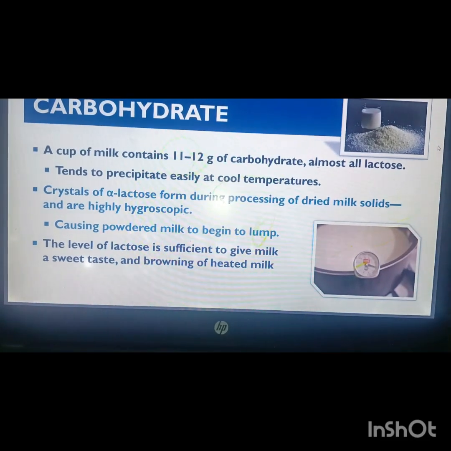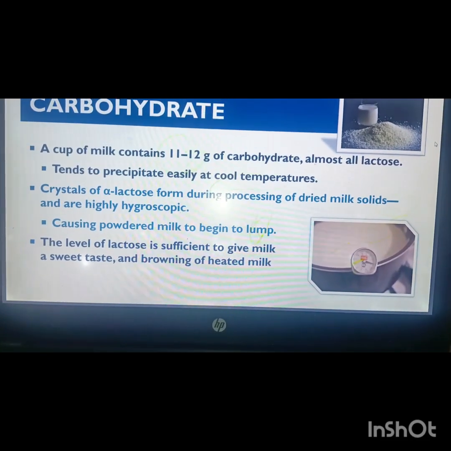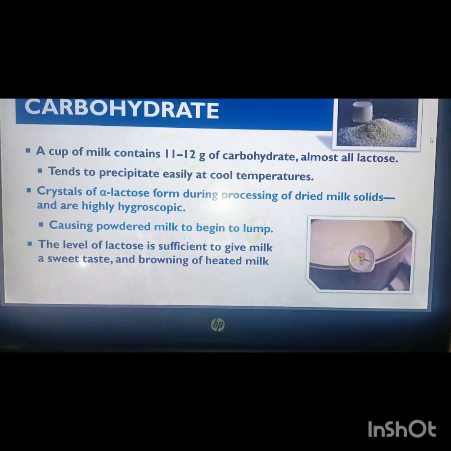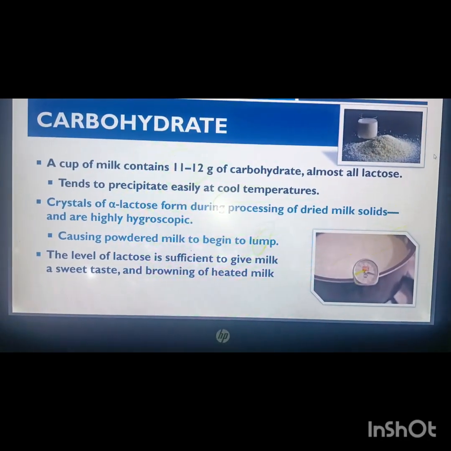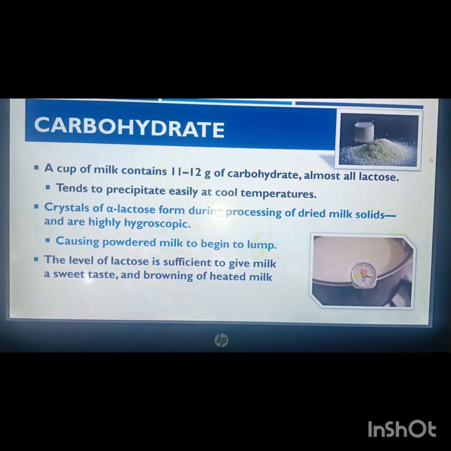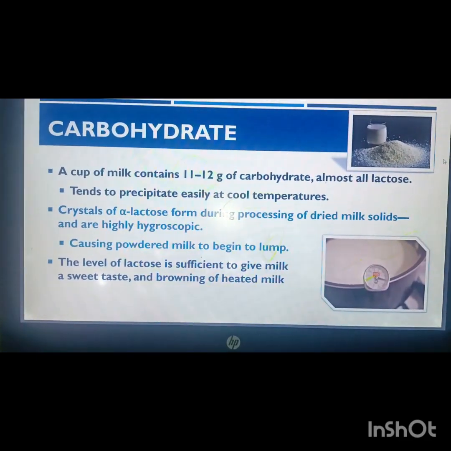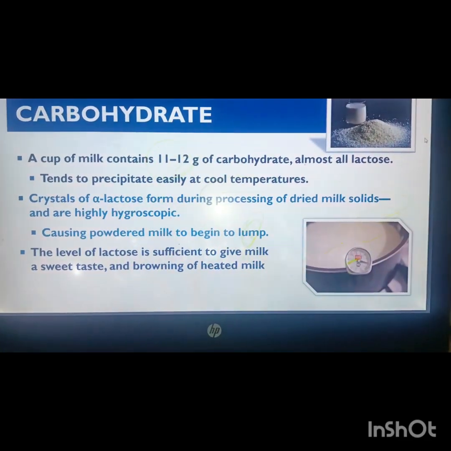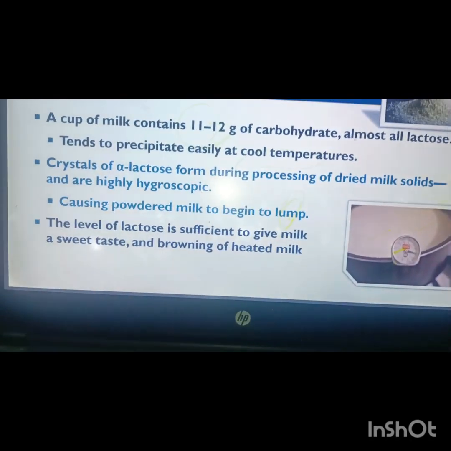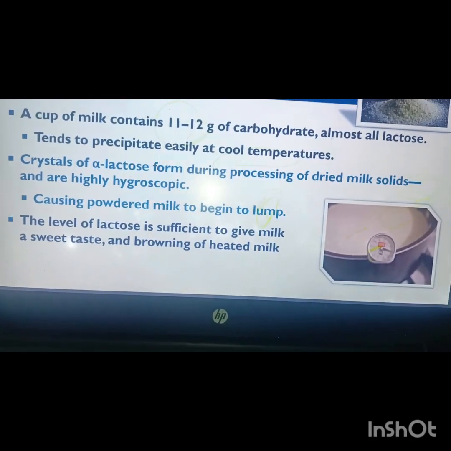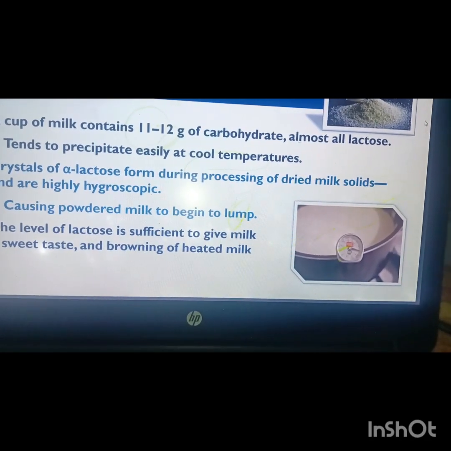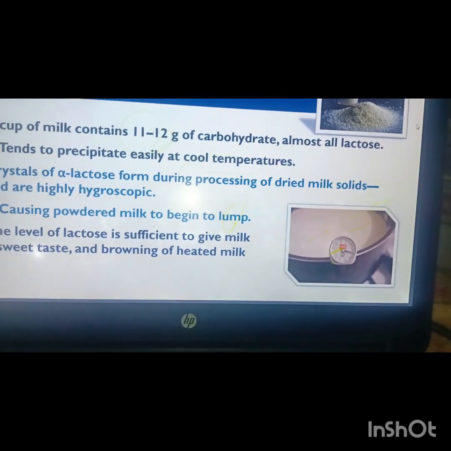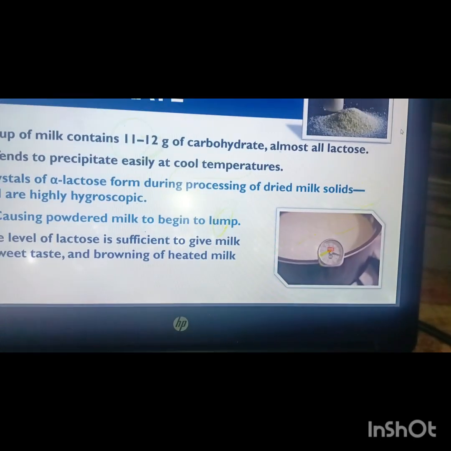This process also makes powdered milk clump together. The level of lactose is sufficient to give milk a sweetness and browning of heated milk. So this alpha lactose is important in milk processing because it gives it a sweet taste.